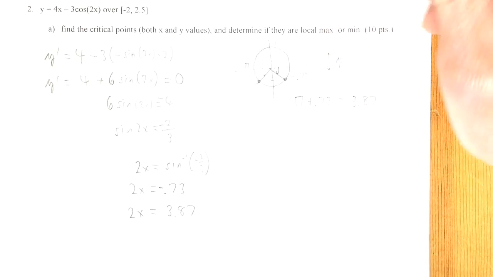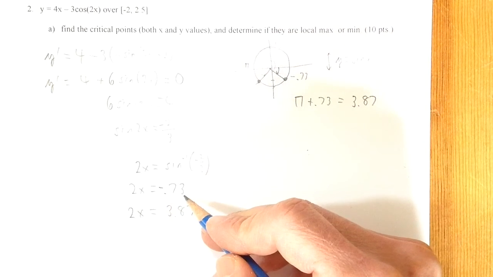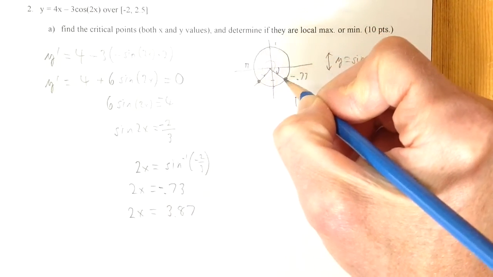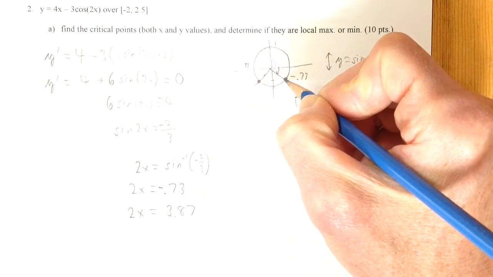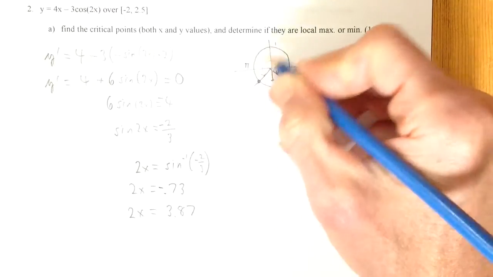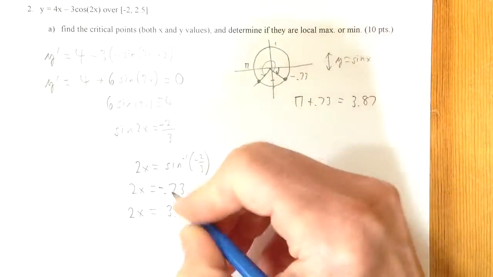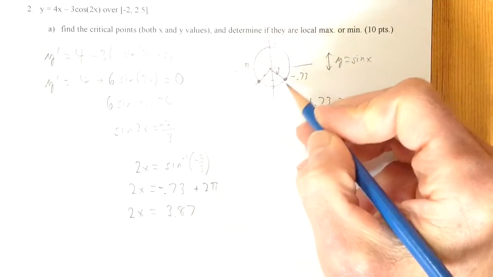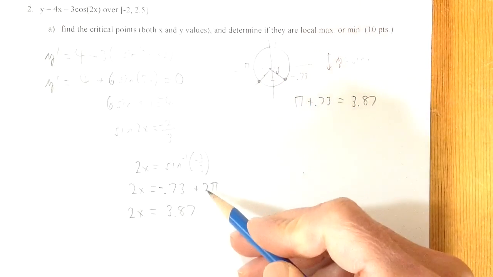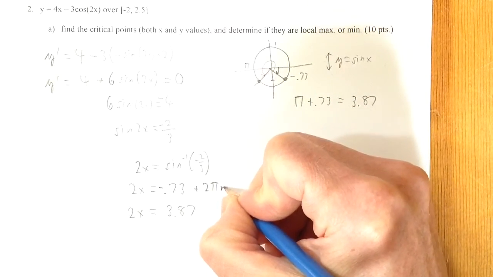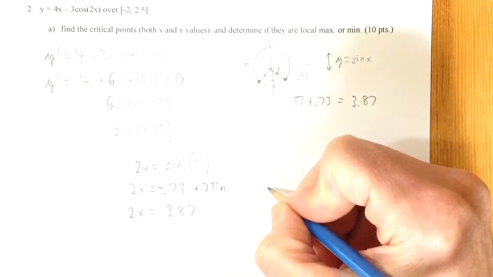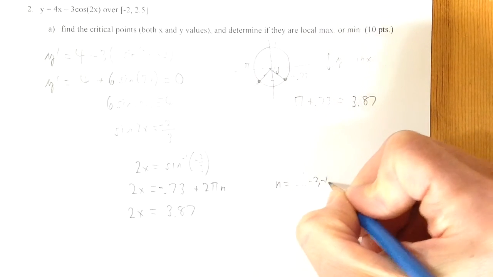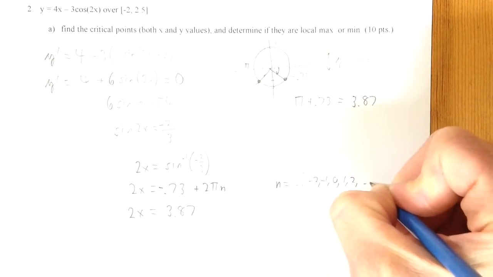So, now that's what 2x is equal to. However, it's also that plus 2 pi, and 2 pi more, and 2 pi more. So really it's 2x is equal to negative 0.73 plus 2 pi times n, because we can go around and around the circle. N is an integer: dot dot dot, negative 2, negative 1, 0, 1, 2, dot dot dot.